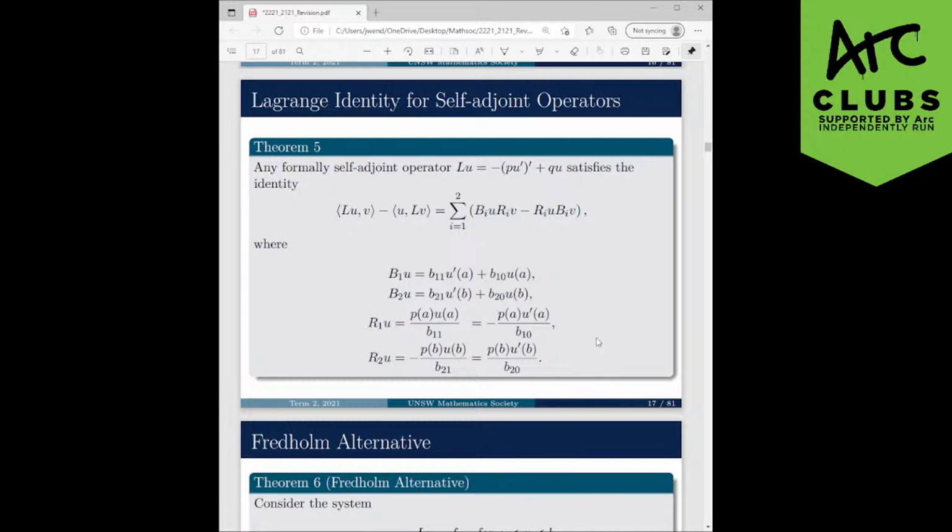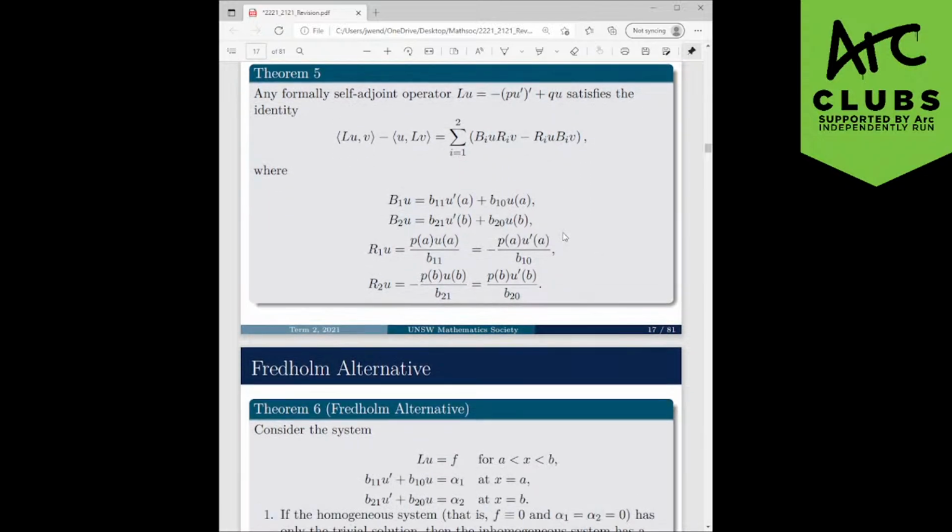It really is up to that boundary operator there. And you'll see the example where you just choose whichever form you need based on which denominator isn't going to be 0. And R2u has a pretty similar definition, but of course it's at the other bound, the upper bound of x equals b instead of x equals a. So those are all the things that slap into the right-hand side over there.